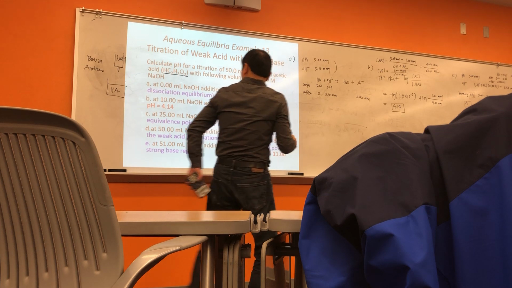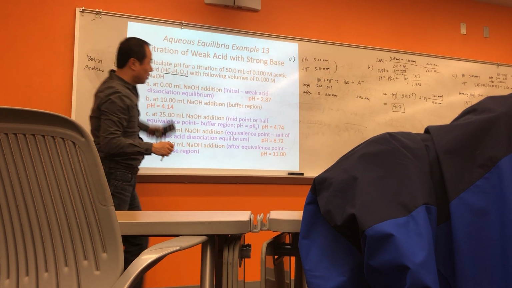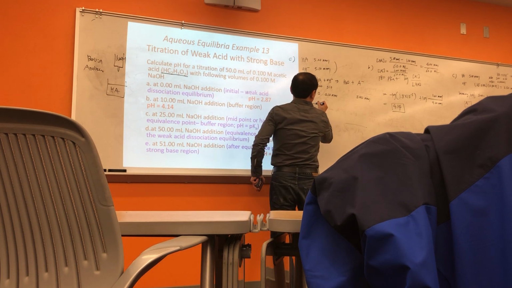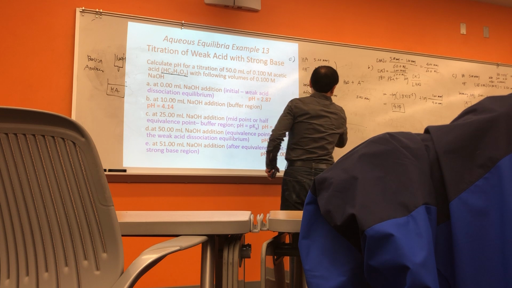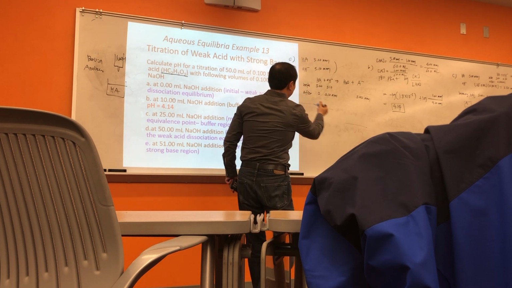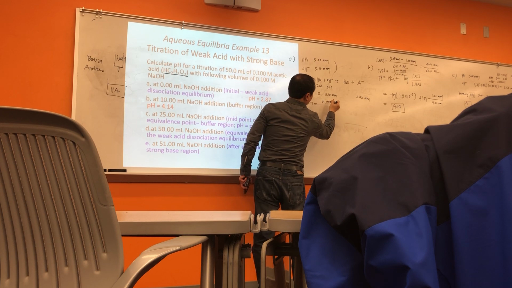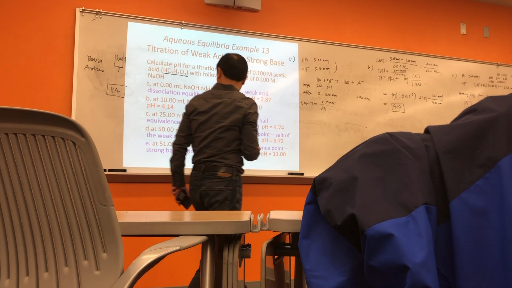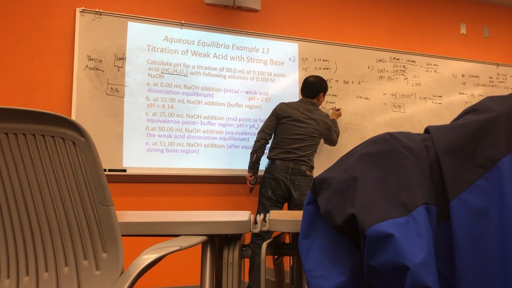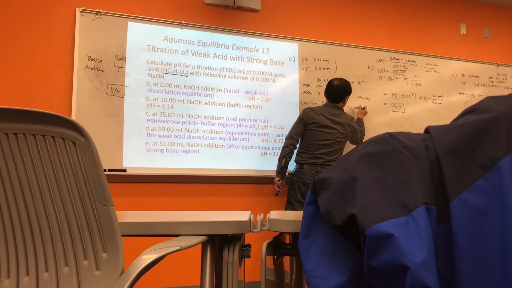So in terms of concentration now, the total volume is 101, right? 101. So this concentration is over 101, and the A minus concentration is also over 101.